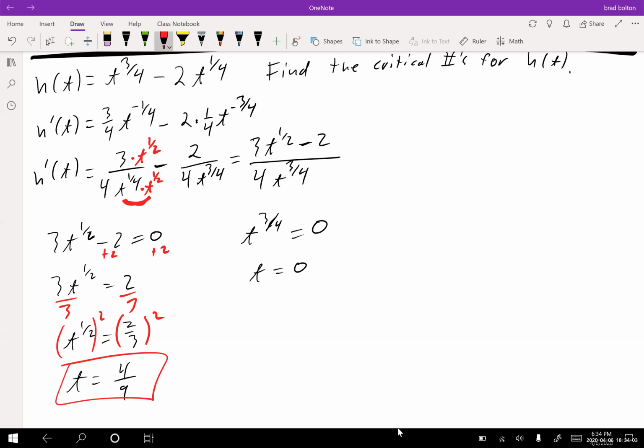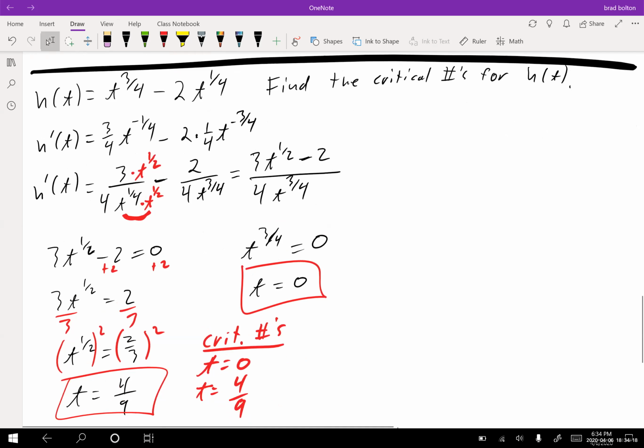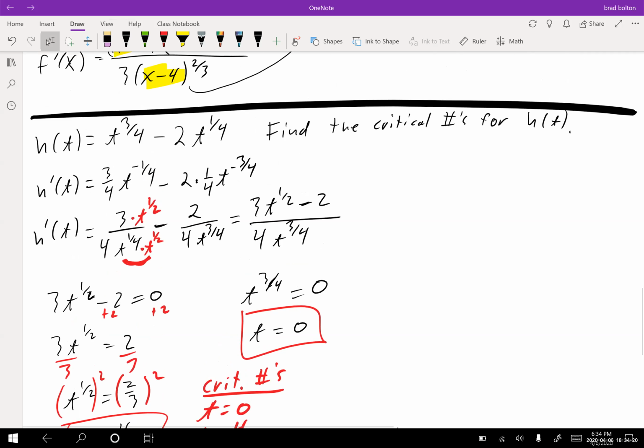Now, I feel like these are my critical numbers. But what should I double check? I need to double check the domain. So am I allowed to plug both of these numbers back into the original problem without causing domain issues? Well, if I take 0 and I plug it in here and I plug it in here, I get 0, which is fine.